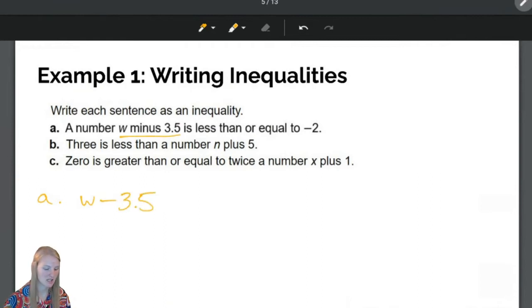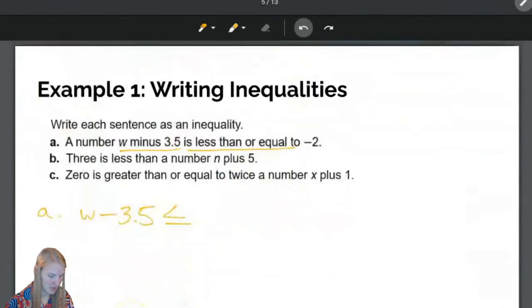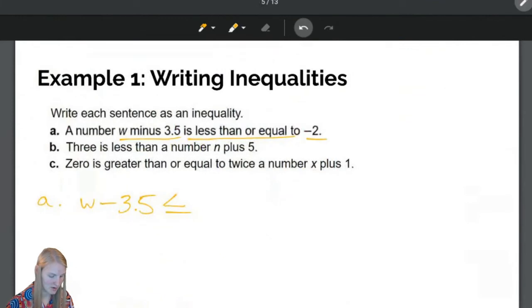We're just taking these words and putting them into math speak, into the math language. We are translating them from words into mathematical inequalities. So a number w minus 3.5 is less than or equal to. Remember, that's the symbol for less than or equal to, this symbol right here. So is less than or equal to -2.